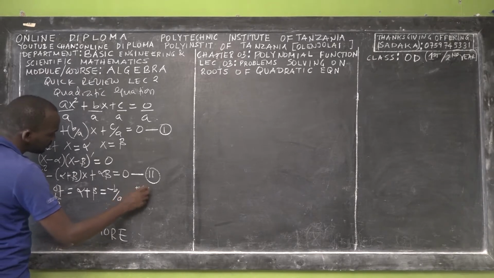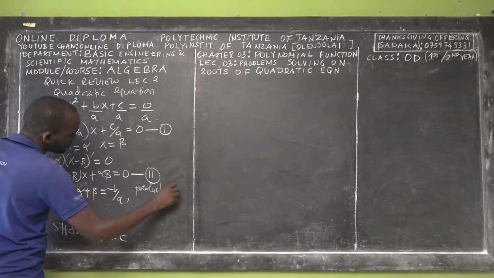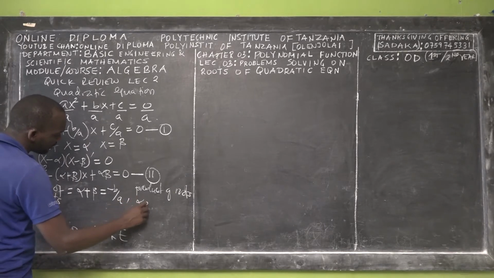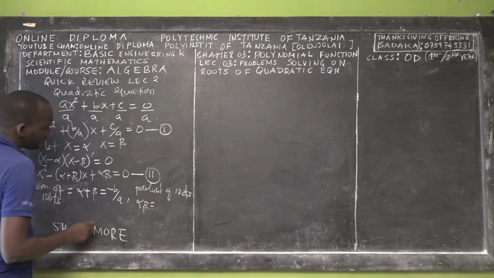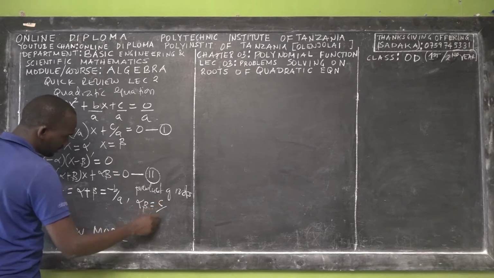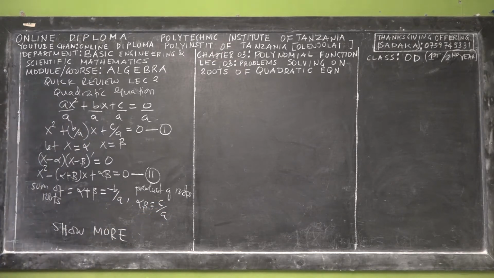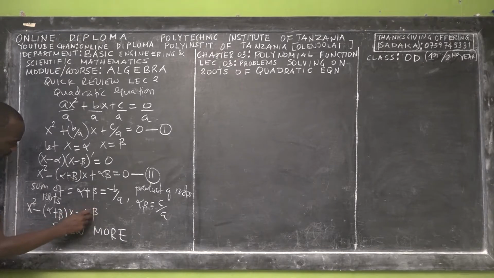Product of roots: this is alpha times beta, and we get it as the value of c over a. So the general quadratic equation is x squared, then the sum of the roots, alpha plus beta, times x, plus alpha beta, equals 0.